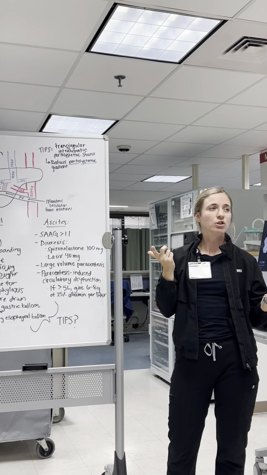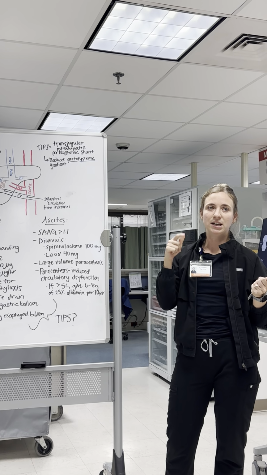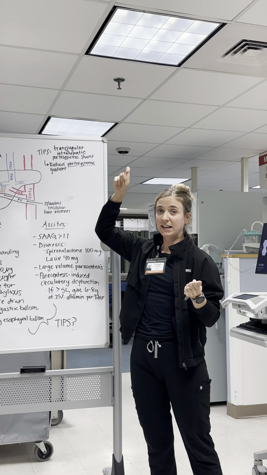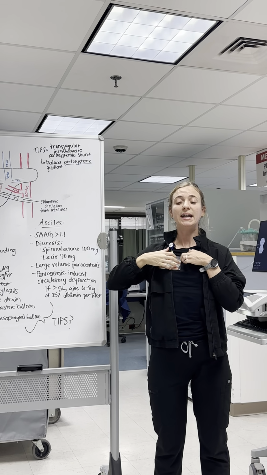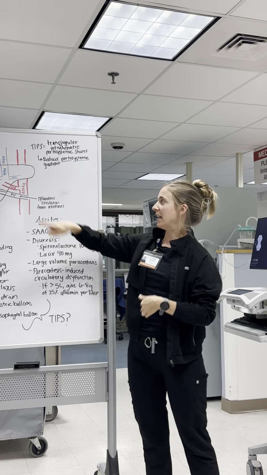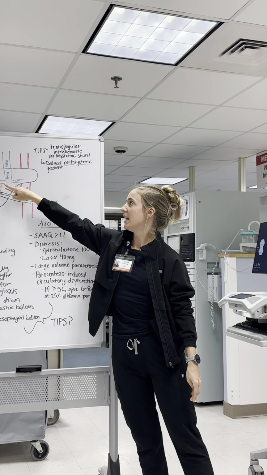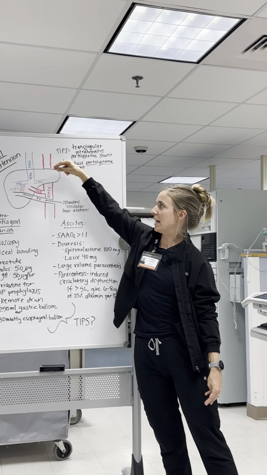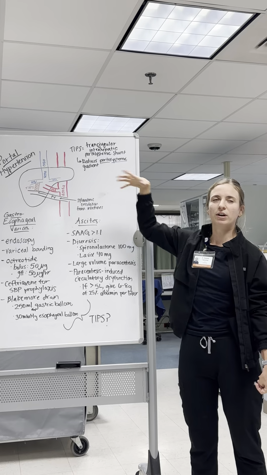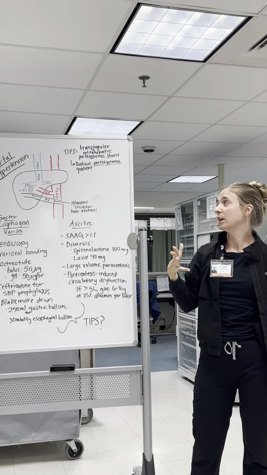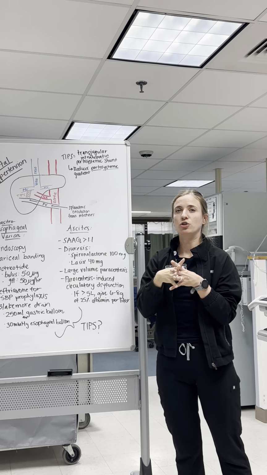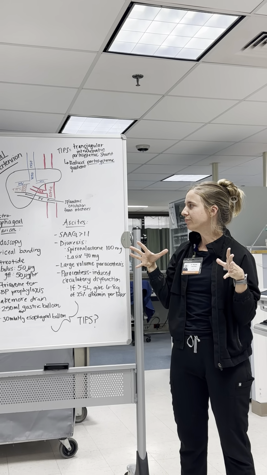Just like how we put a central line in, they'll use an ultrasound to find the internal jugular vein, and then that connects to the vena cava, like the SVC, into the right atrium, and then through the right atrium you get the inferior vena cava, and that leads to the hepatic veins here. Once they're in there, they can take pressure measurements and diagnose a gradient. If the gradient is greater than 5 millimeters of mercury between the hepatic vein circulation and the portal vein circulation, that's how you know that there's high blood pressure in the liver.